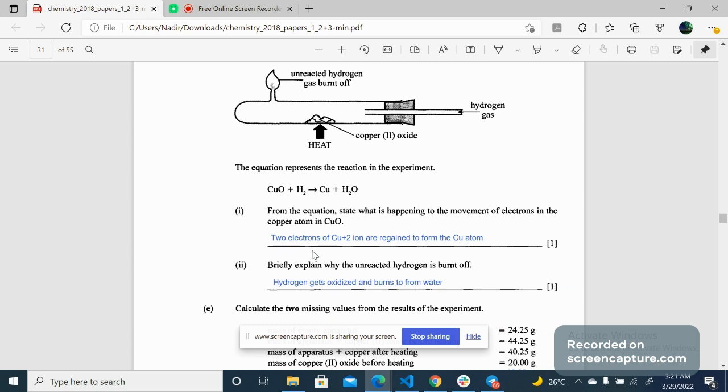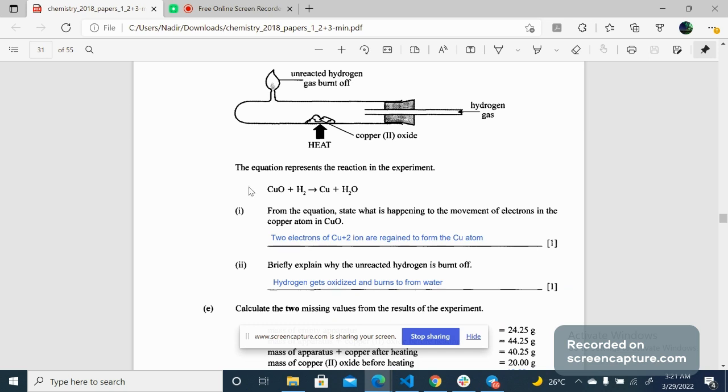So the two electrons which were given off by copper when copper became a positive 2 ion were regained. They were regained to make copper electrically neutral.